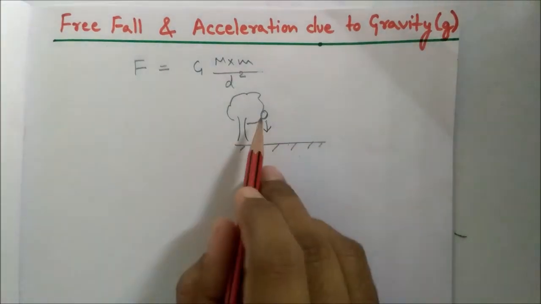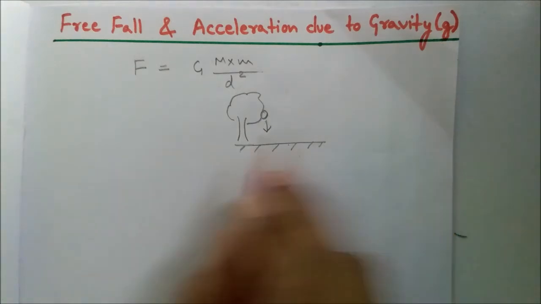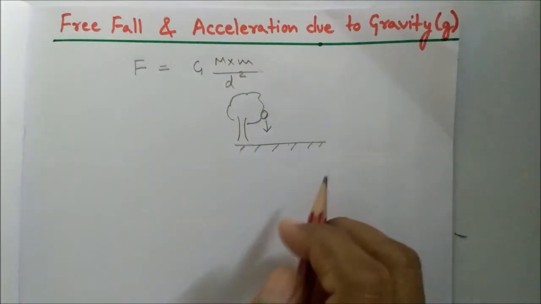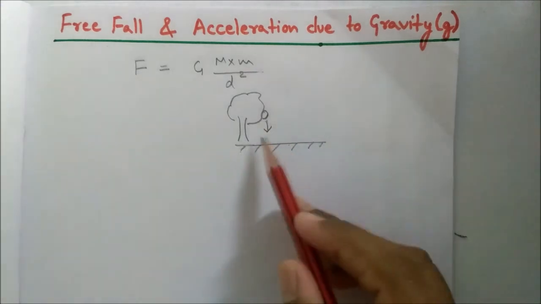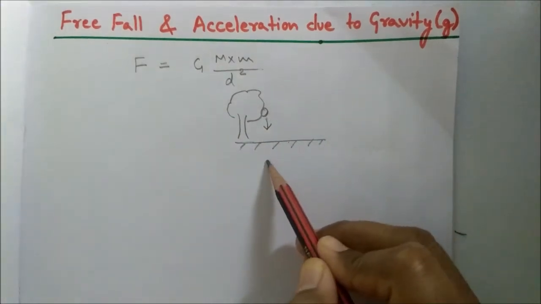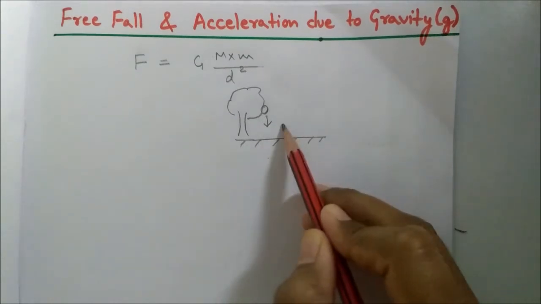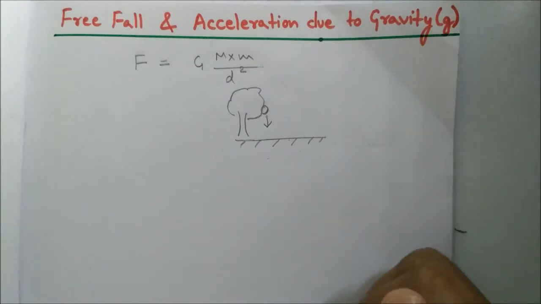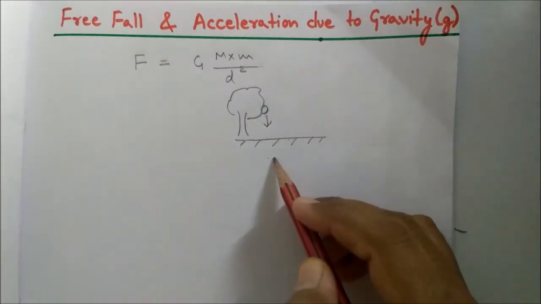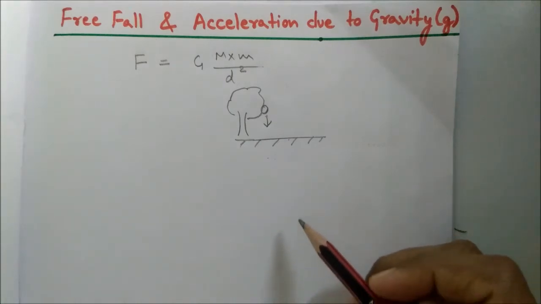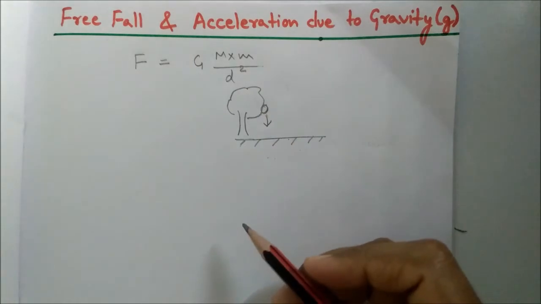There is no other force applied on the apple other than the gravitational pull. So, if the object falls towards the earth without any force other than gravity, then we say that object is falling freely towards the ground, and we call this apple a freely falling object.